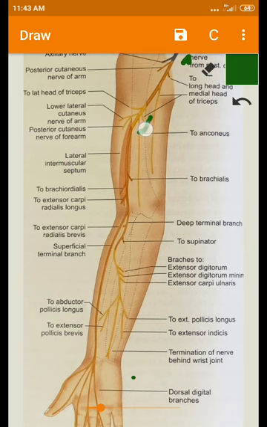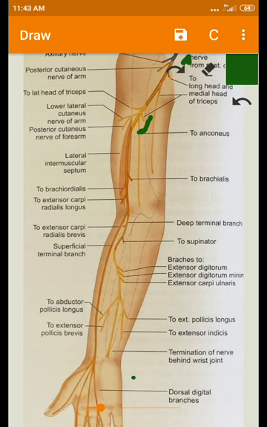After entering into the spiral groove, it winds the humerus and it comes to the front of the arm by piercing the lateral intermuscular septum, and it descends down and passes in between the two muscles, that is the brachialis on the medial side and brachioradialis and extensor carpi radialis longus muscle, and then it enters into the forearm.